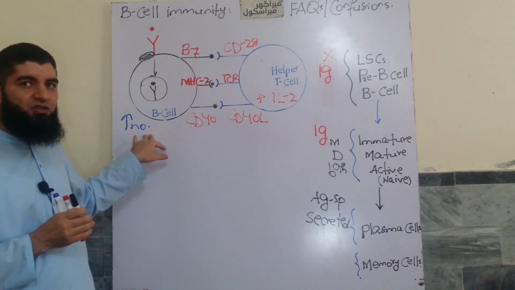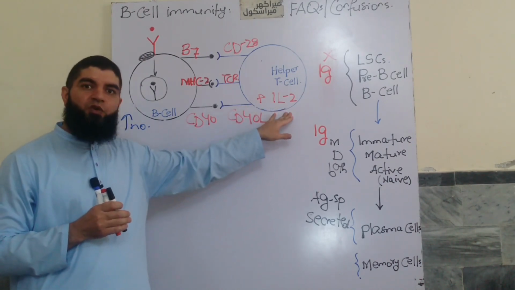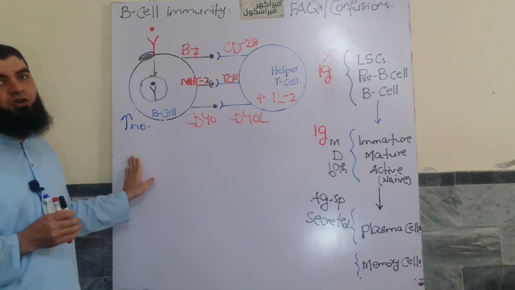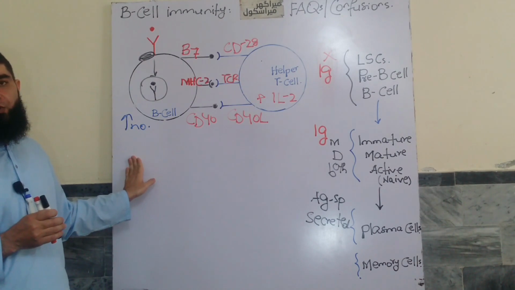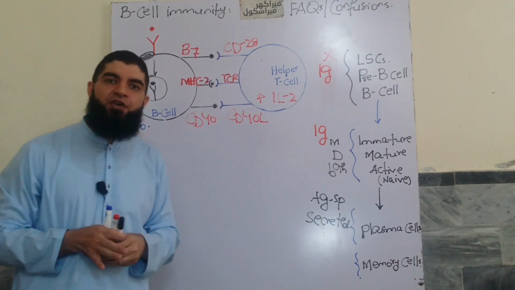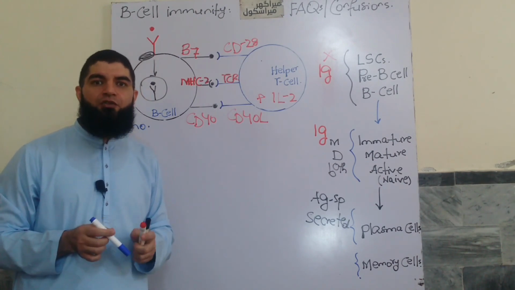So what you need to remember: IL-2 for self stimulation of the T cells, interleukin 4 for growth and proliferation of the B lymphocytes, and interleukin 5 for the differentiation of B lymphocytes.